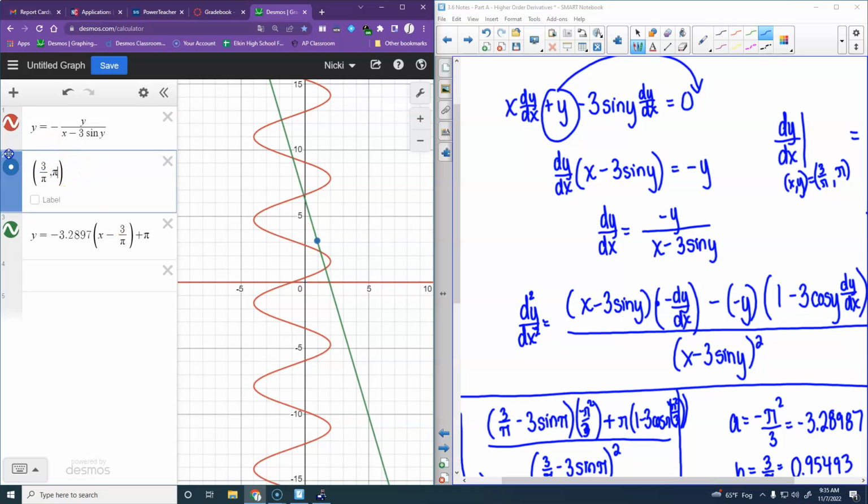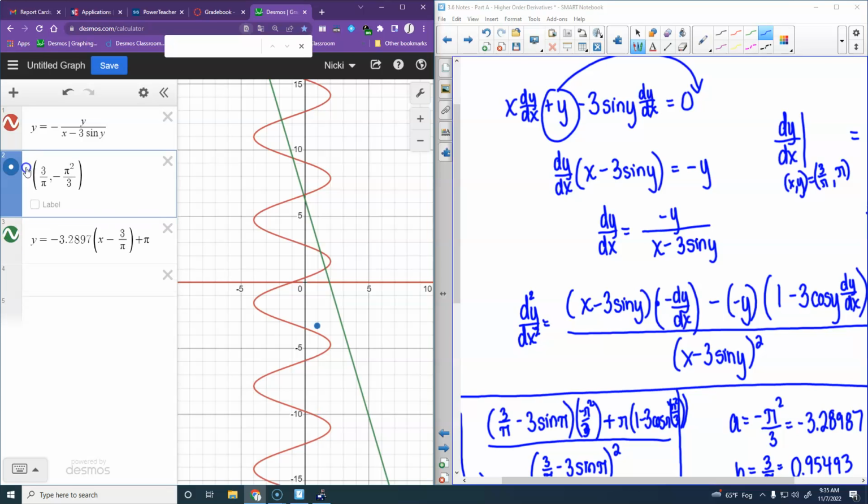Our point would be 3 over pi, and then negative pi squared over 3. No. Alright, because our y coordinate would be our second derivative. Did I type that in right?